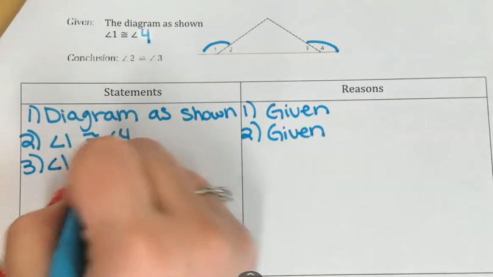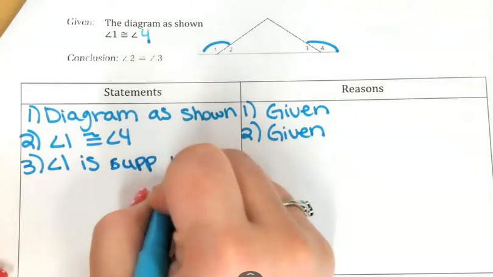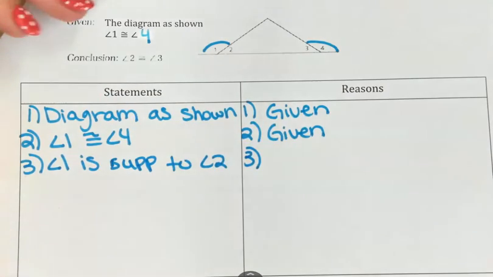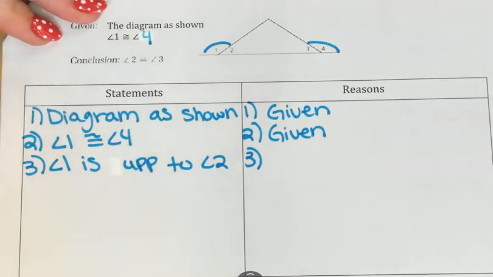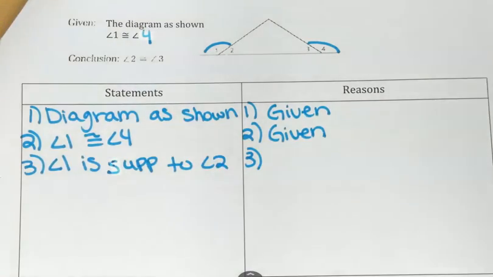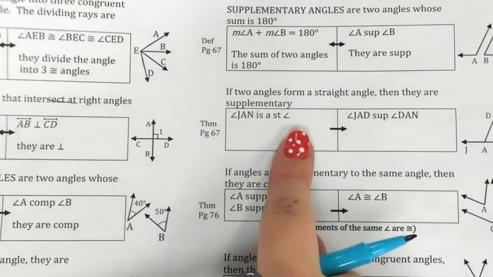So I'm going to say that angle 1 is supplementary to angle 2. And how do I know that? Again, if you don't know that off the top of your head, this is where you would consult your dominoes. And so on the second page here in my dominoes, if 2 angles form a straight angle, then they are supplementary.